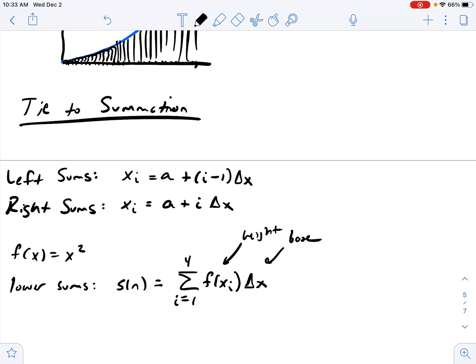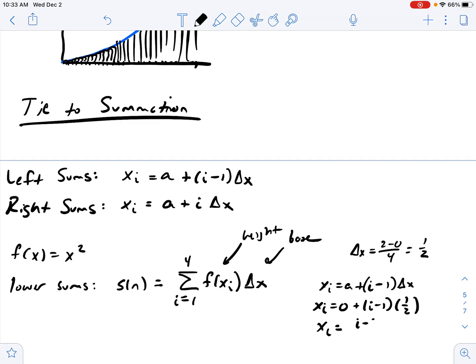Well, what we need to do is we need to sub in for x sub i, and we need to sub in for delta x. So delta x here, again, was a half for this example. And x sub i is going to be a plus i minus 1 delta x. So x sub i is going to be 0 plus i minus 1 times 1/2.